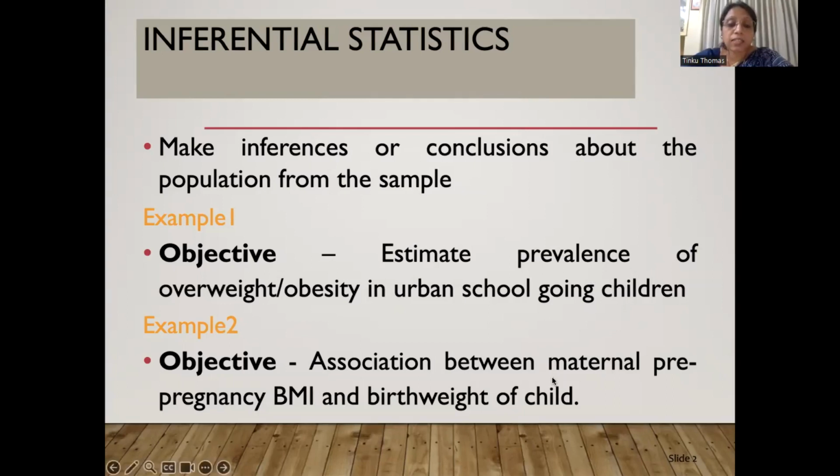The second example is where we may do a testing of hypothesis, where we are trying to see the association between maternal pre-pregnancy BMI and birth weight. Let's say there is literature which says that maternal pre-pregnancy BMI is associated with birth weight of the child, and we want to examine that in our setting. Then in that study, we will do a testing of hypothesis.